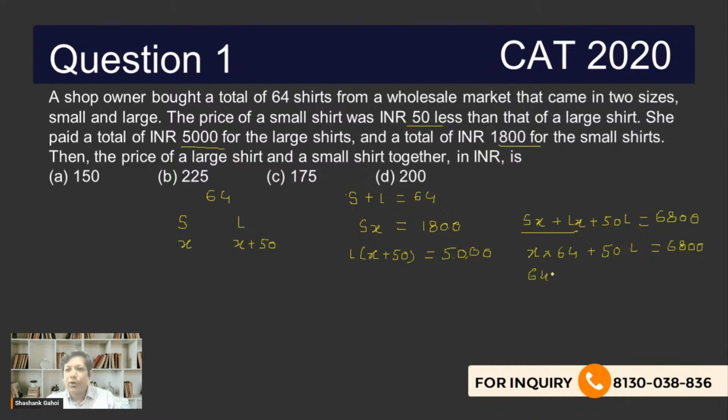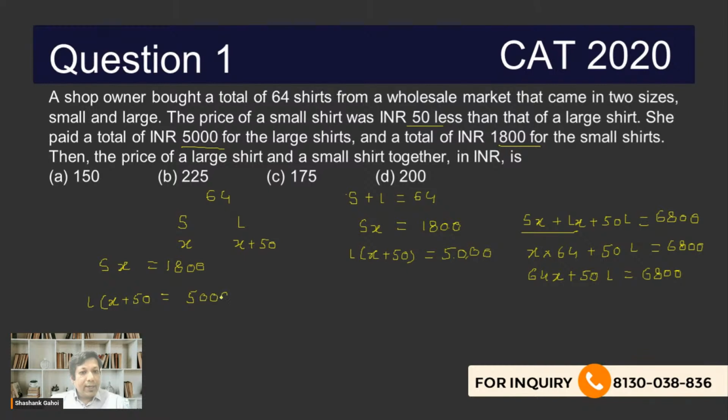I again got one more equation. Now what should be the approach that we need to follow? Now I have multiple values and I'm confused what I'm going to do. What is the approach I'm going to take? Basically, Sx is equal to 1800, that is given to us, right? And L times x plus 50 should be 5000.